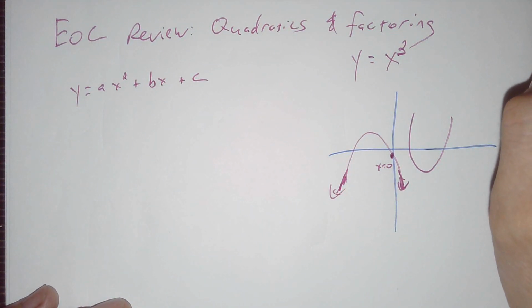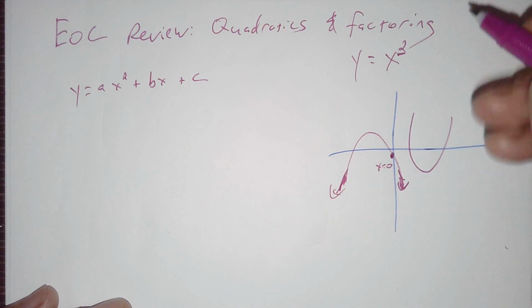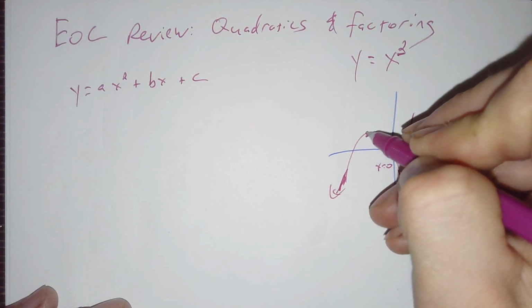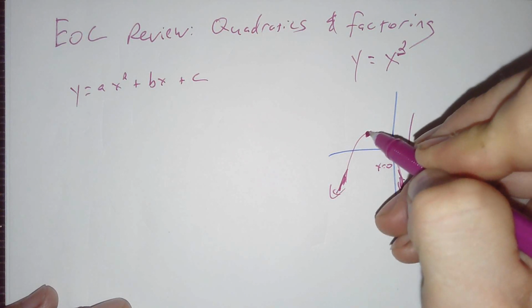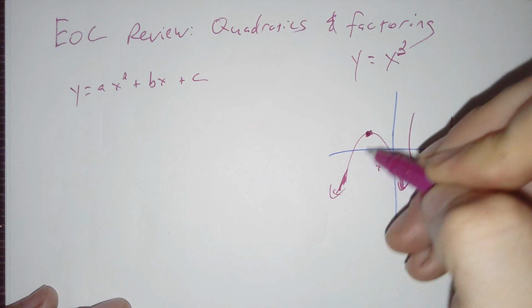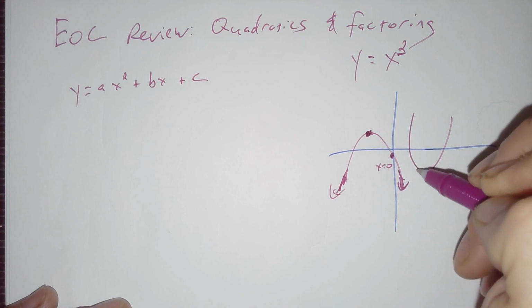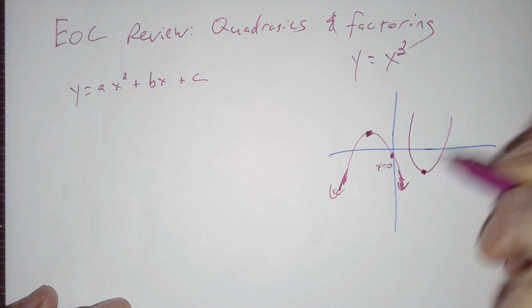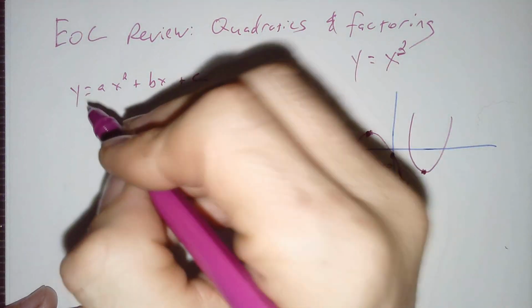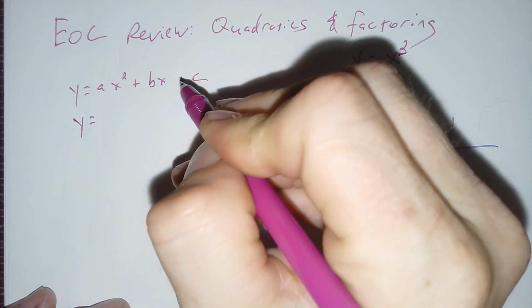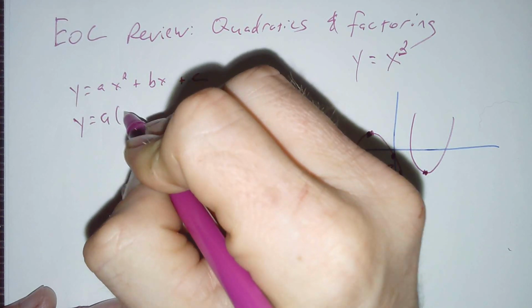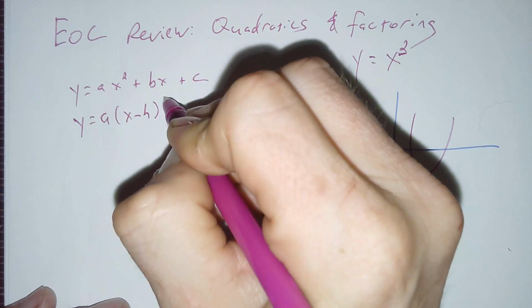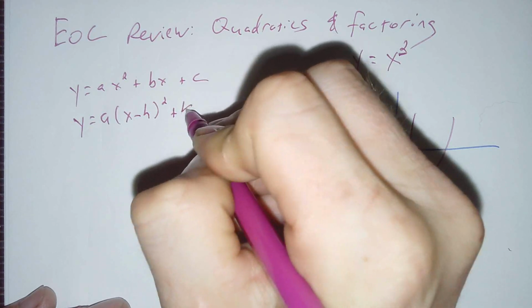Another important point is the vertex, my most favorite point on a parabola. It is the maximum of a concave down parabola and the minimum of a concave up parabola. That can be given to you in vertex form, which is y equals a times the quantity of x minus h squared plus k.